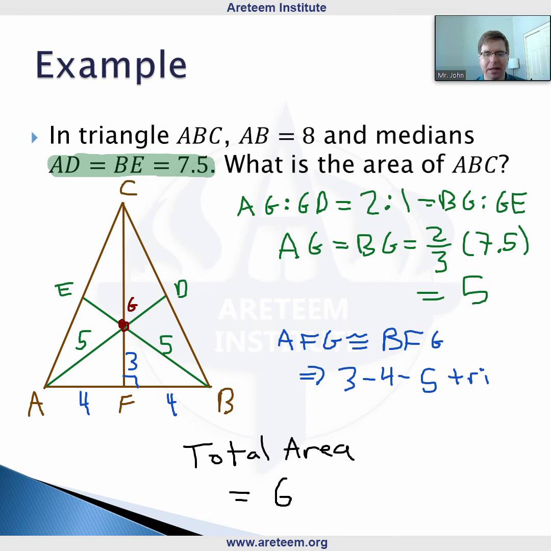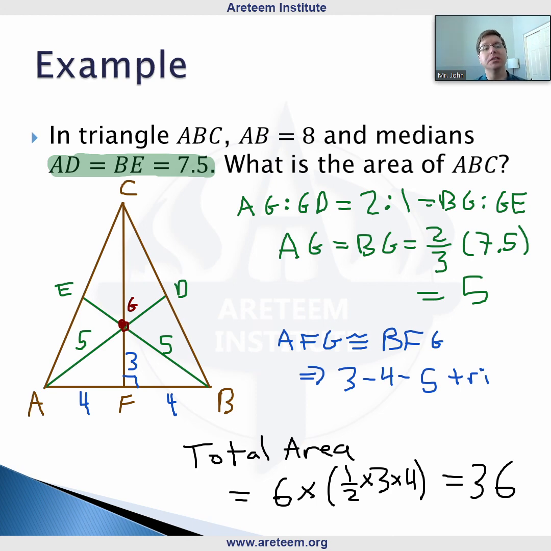So our total area is 6 times the area of AFG, so it's 6 times 1/2 times 3 times 4. So that is an area of 6 times 6 is equal to 36 here.